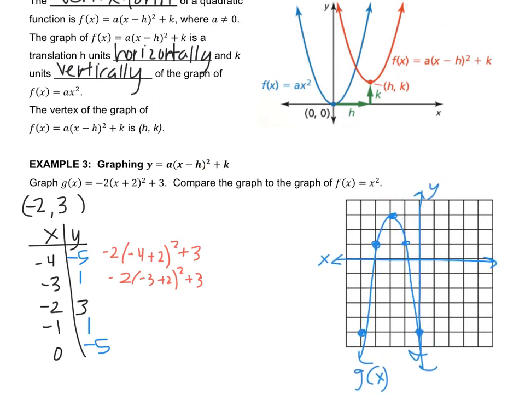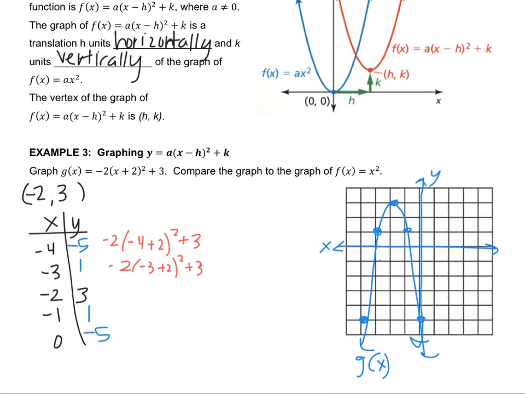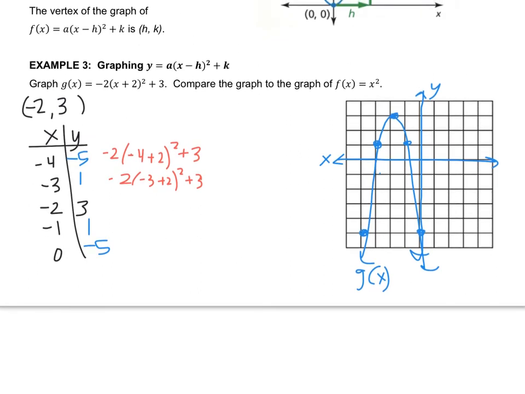And now you actually don't even really need to have graphed it once you know how all of the parts interact with each other. So you can look at this equation and you could have answered this compare sentence first if you really wanted to. You could say g of x is narrower because it's 2.